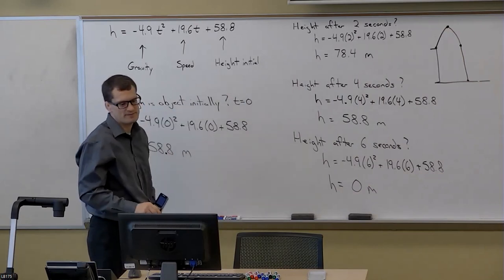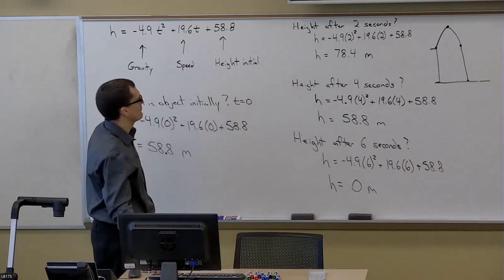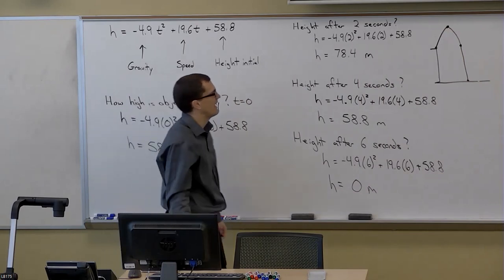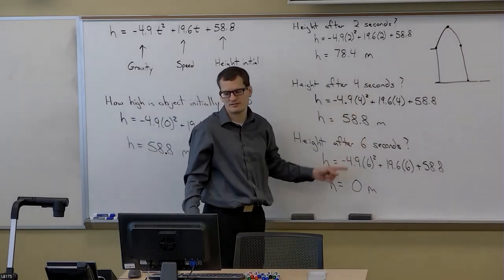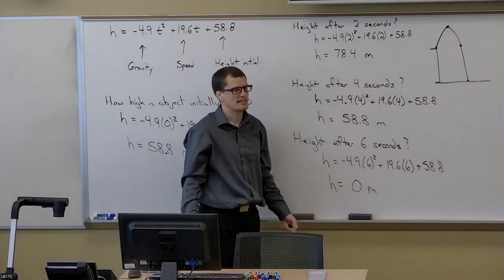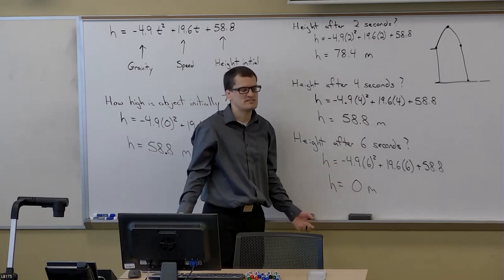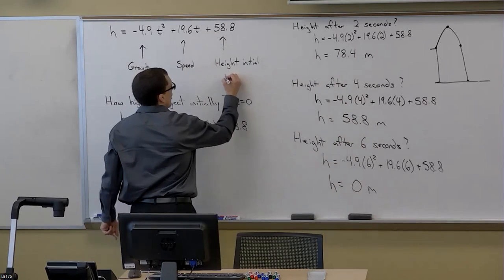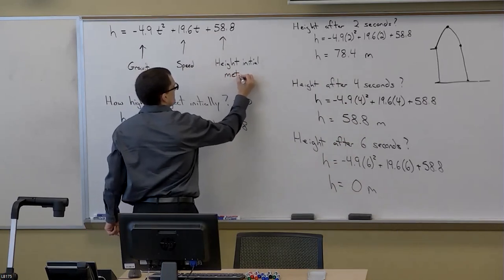So that's what this tells me. The other thing I want to say is I mentioned just a second ago that everything was in meters and seconds. That's basically true. The heights, the initial heights and all heights are in meters.